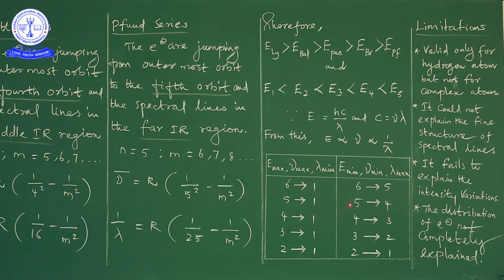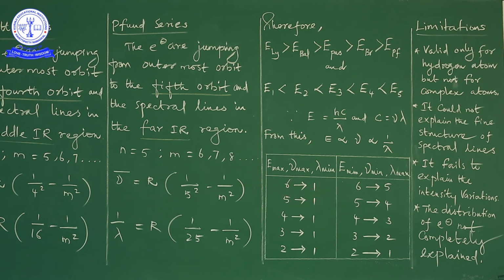What is the meaning of this table? It gives 6 tends to 1. We have to read it as 6 tends to 1. What is the meaning of this? This is the transition of an electron. Transition means, for example, the electron is jumping from the 6th orbit to the 1st orbit.